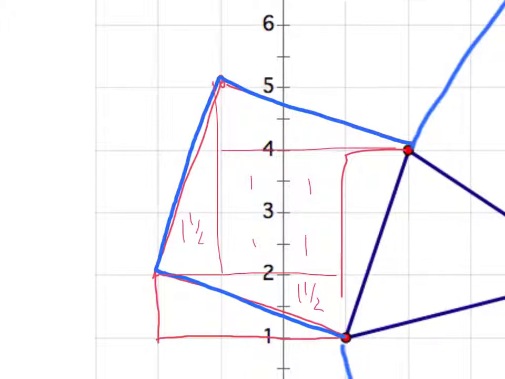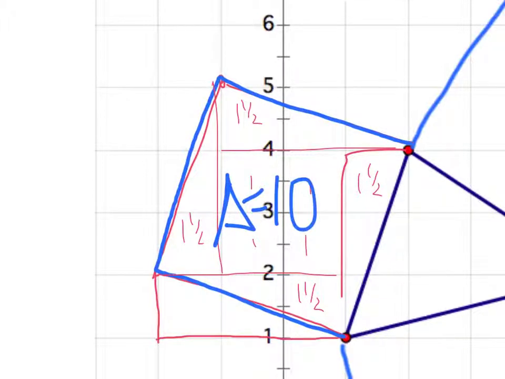One and 1/2, 1 and 1/2, 1 and 1/2. Great. So let's add these together. 1, 2, 3, 4, 5, 6, 7, 8, 9, 10. Area equals 10, meaning the side length is the square root of 10.